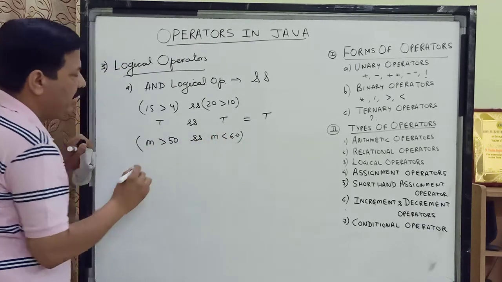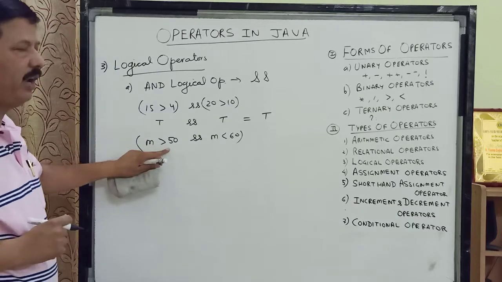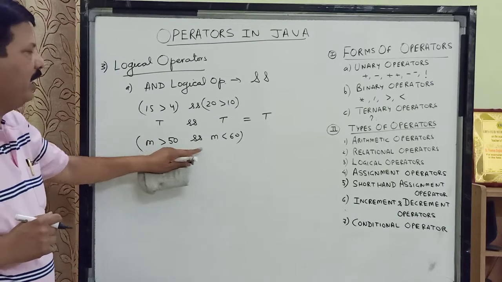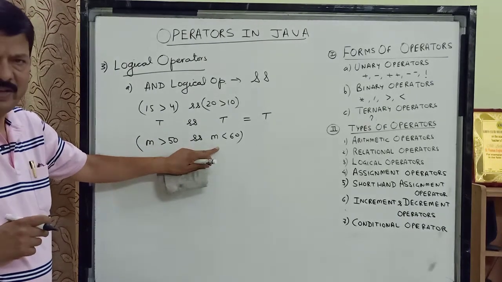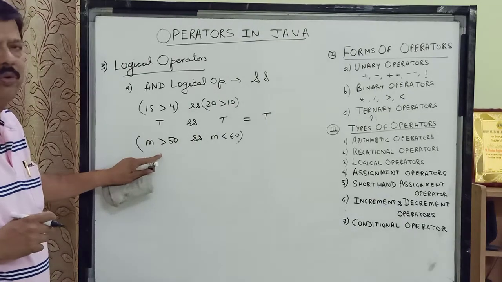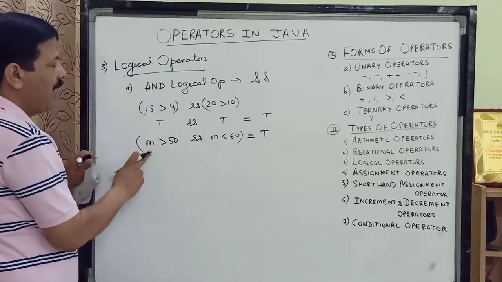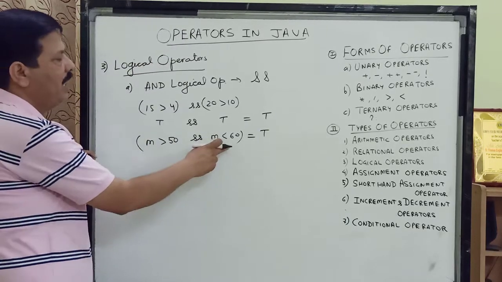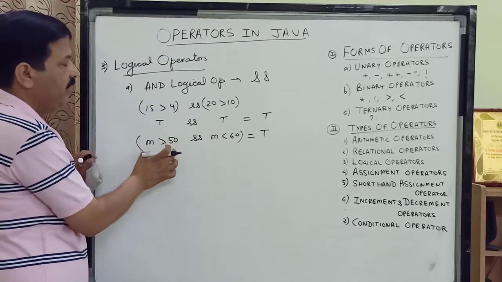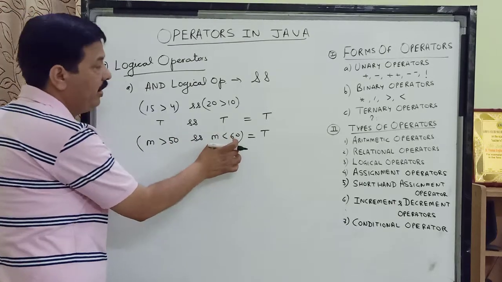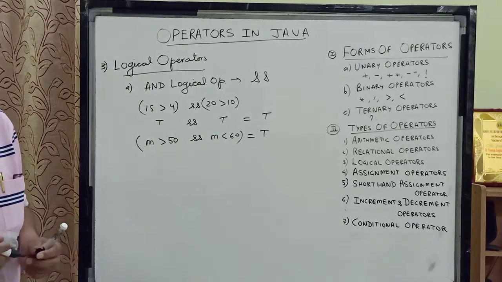So these are two conditions. My marks should be greater than 50, first condition. The other is that my marks should be less than 60. If both these conditions are true, my net result will be true.